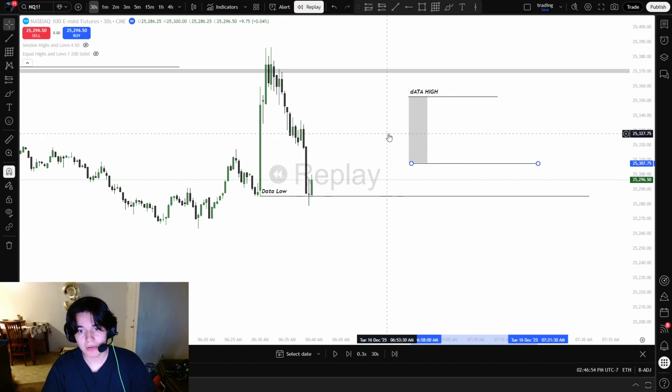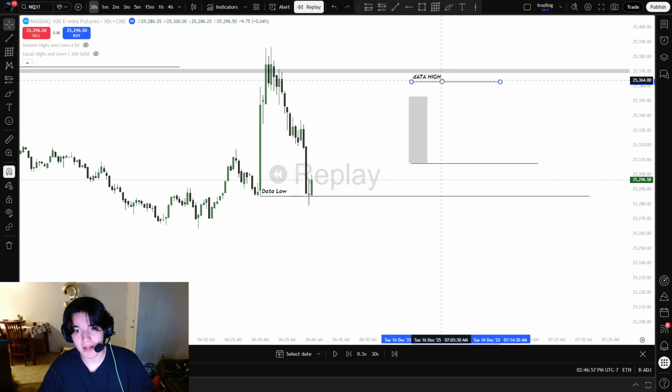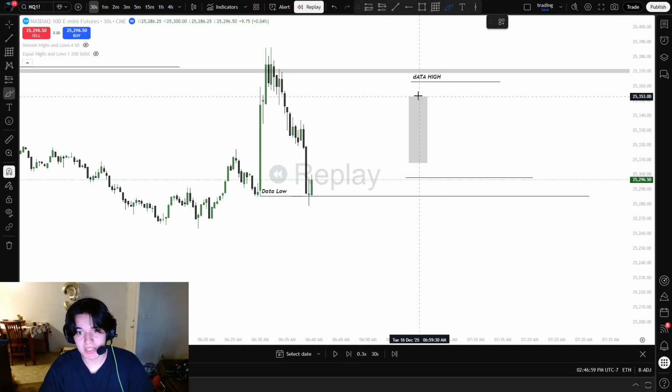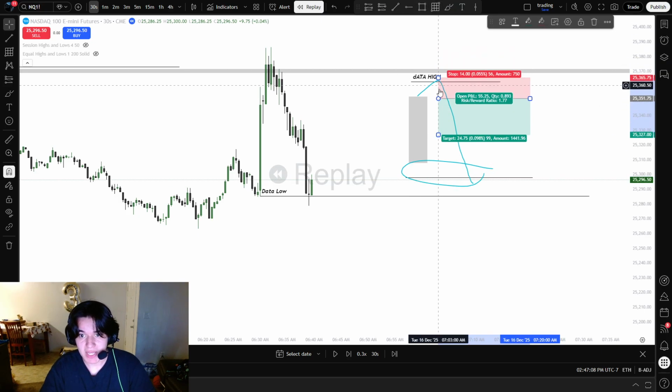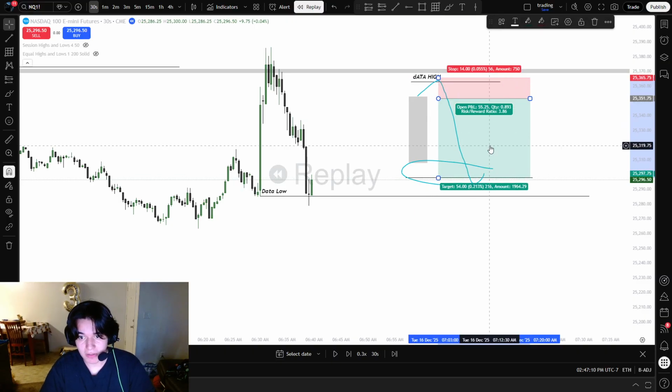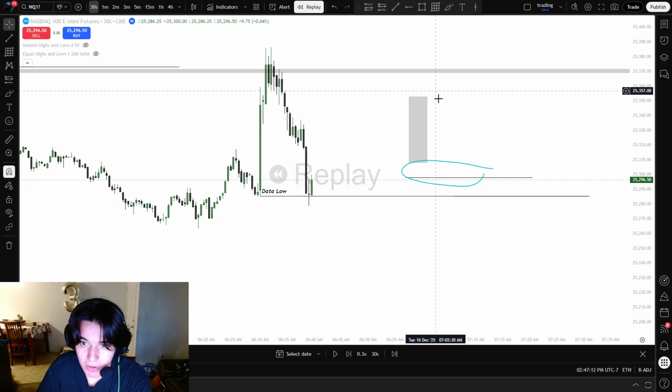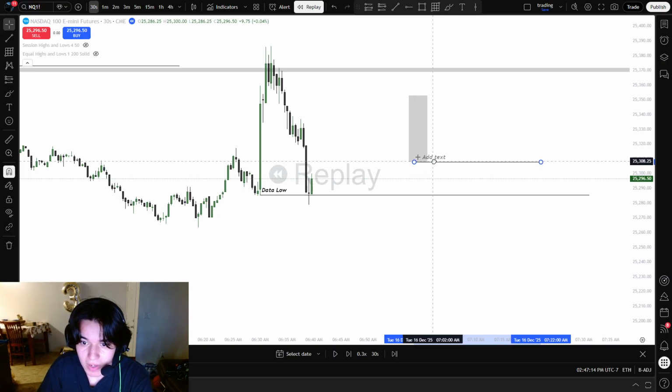Usually the best strategy for data highs and data lows is we want to see one get taken and then we go for the other one. If the data high gets taken, then we target the data low.